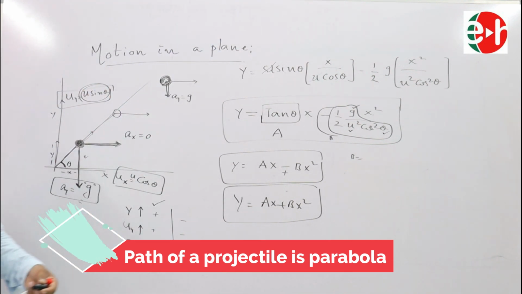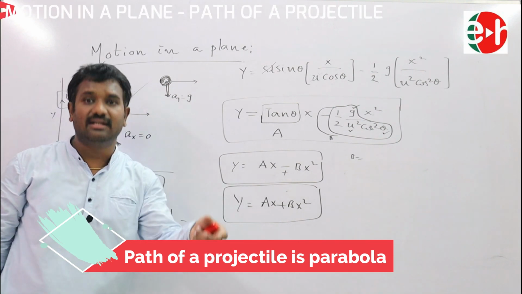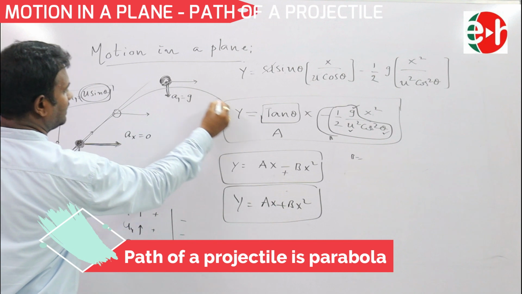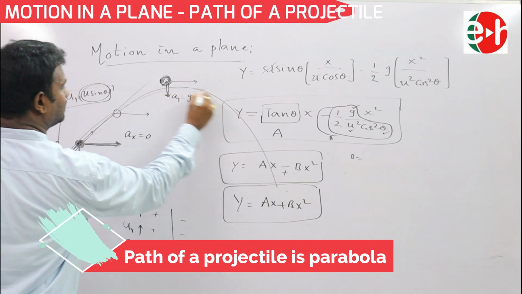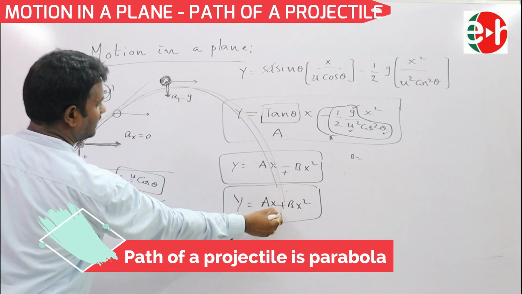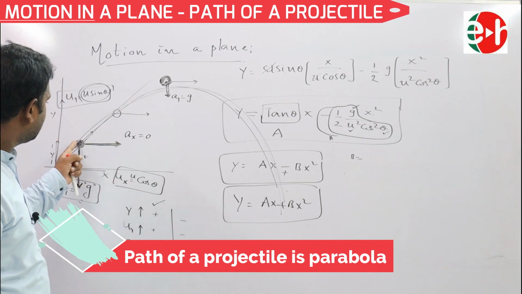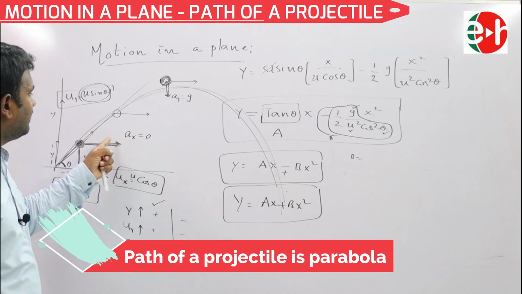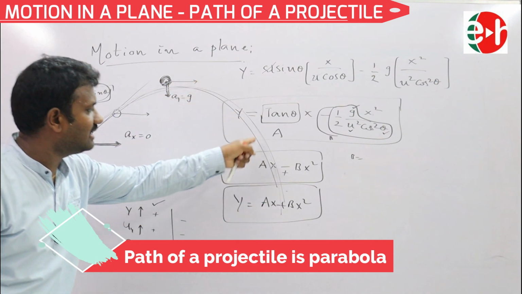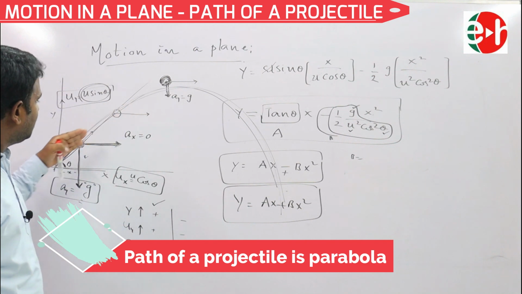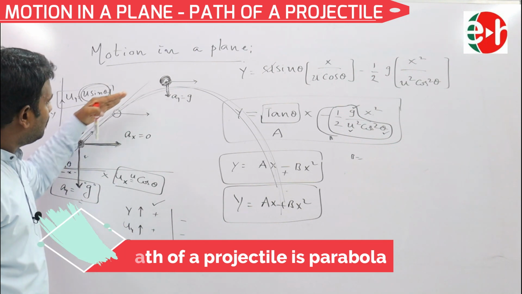If you throw the stone, it rises and it falls. It moves like this. That's why its velocity component along the x-axis remains constant, while along the y-axis it gradually decreases and then increases. That's why it is falling down. As its velocity is gradually decreasing, it has an inclined slope.